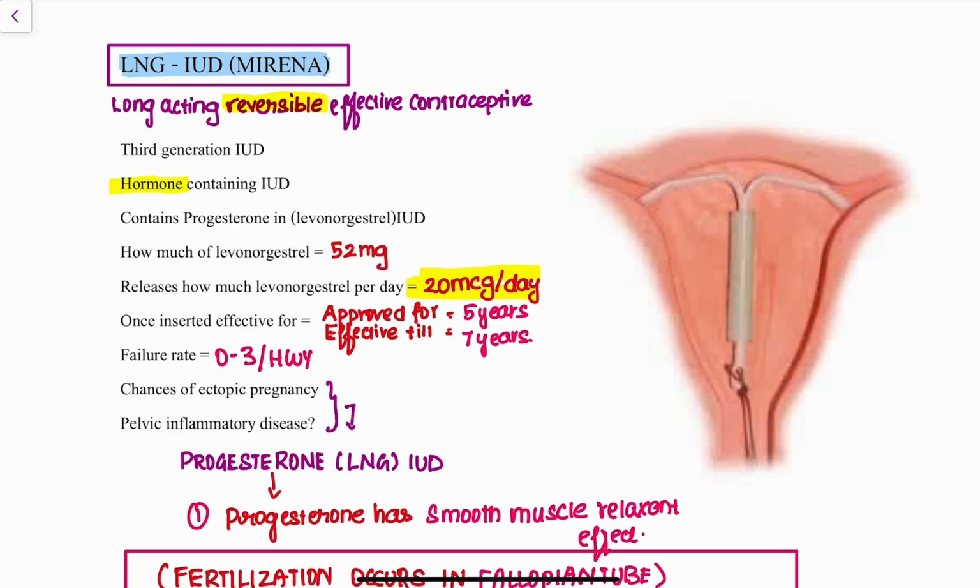So MIRENA is an intrauterine contraceptive device which contains a hormone. And what is that hormone? It contains the hormone progesterone. Which generation of progesterone is present in this device?